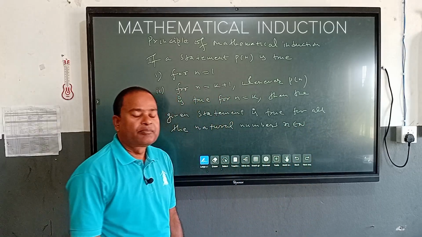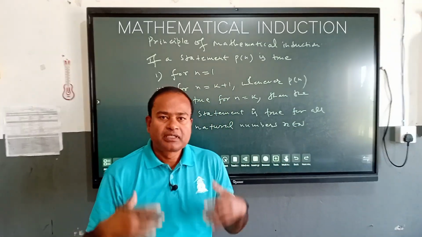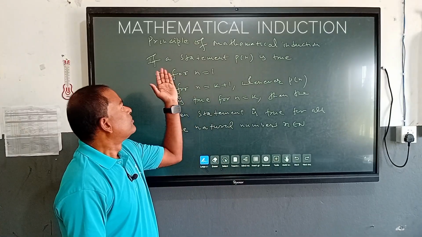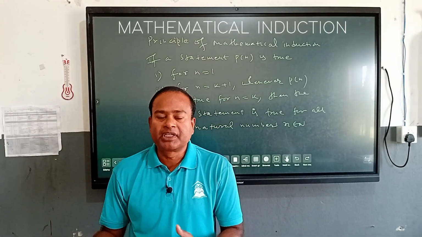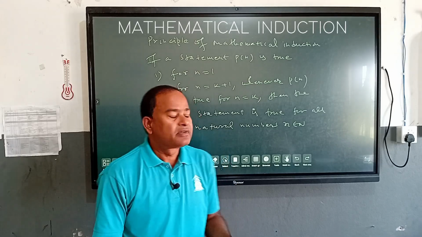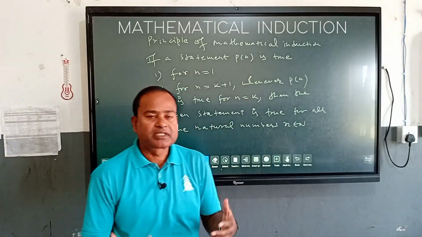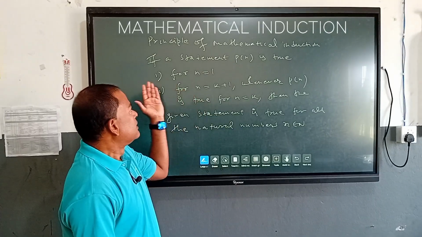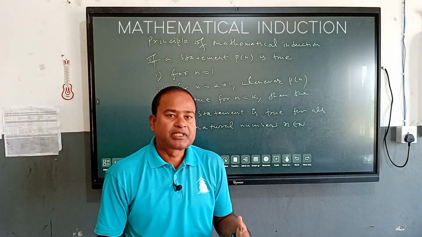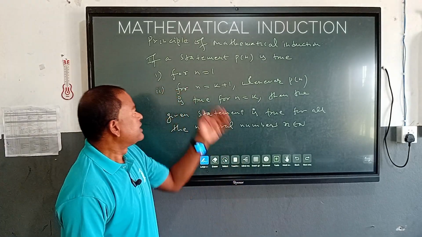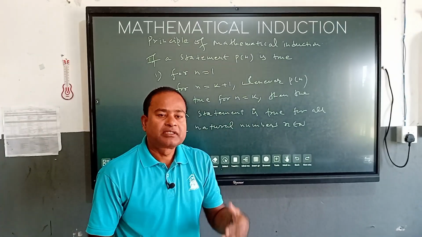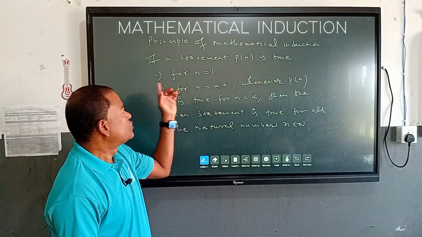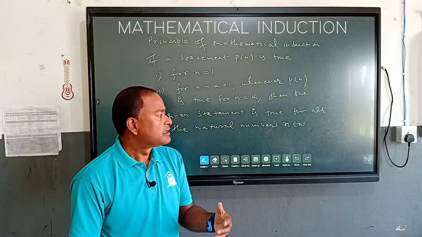So dear students, mainly there are three steps according to the principle of mathematical induction. If we have to prove any problem according to the principle of mathematical induction, then there are three steps. At first, we suppose the given statement as Pn, then we prove that the given statement is true for n equals 1.